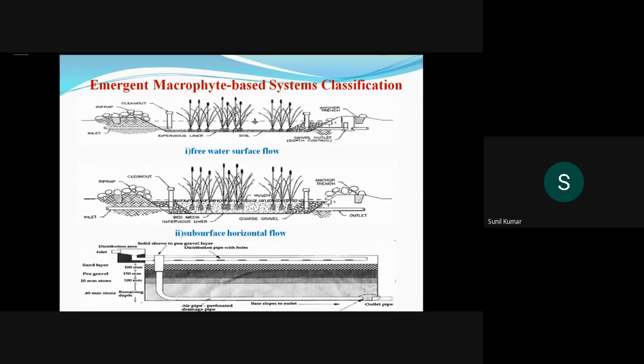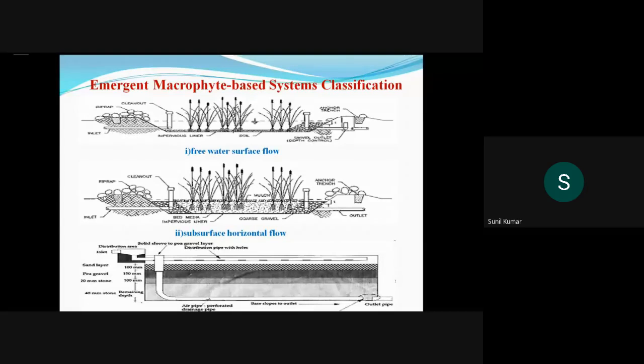Whereas in subsurface horizontal flow, the sewage flow will not be seen. It flows below the surface only. No one will notice that sewage is flowing in the bed. A 10 to 15 centimeter free cover is given to avoid exposure of the sewage, odor nuisance, fly nuisance and other things.